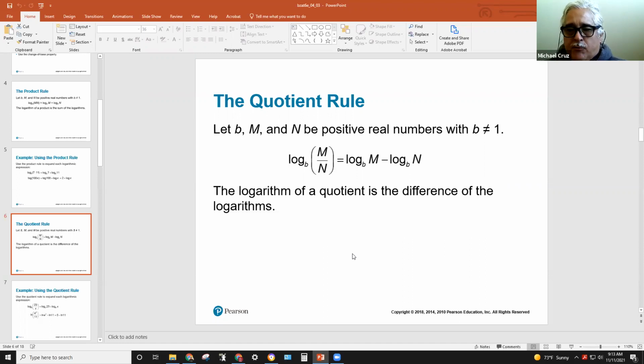Same thing with subtraction: 5 minus 2 is different from 2 minus 5. They're opposites of one another in sign, but not exactly the same. So we say these are not commutative, and that's why the order is important. So it's the log base b of m, the numerator, minus the log base b of n.